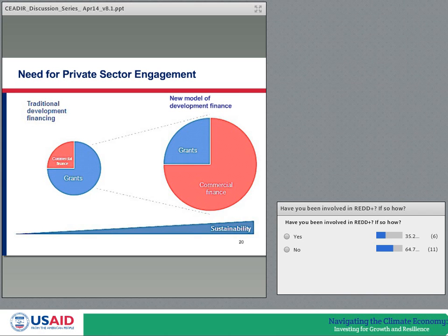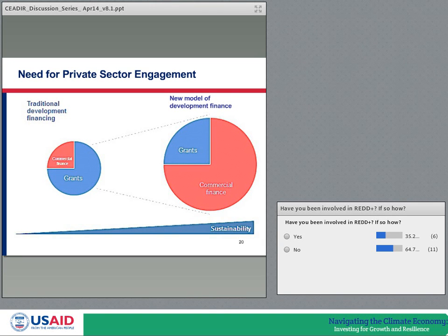It's kind of where USAID is shifting. It's the new model for development, really, is how we're looking at it. And it's very much in support of aligning the private sector with the development objectives of USAID. We're starting with the traditional model for development, which was majority grants-based with some commercial financing coming in.